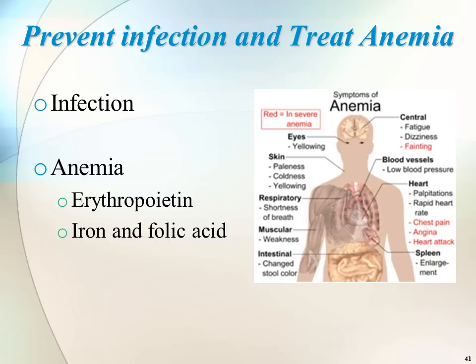Anemia is associated with chronic kidney disease, and it's treated with erythropoietin. You want to try and get a hematocrit between 33 and 38 and a hemoglobin of 11 or 12. Supplementing with iron and folic acid is recommended.